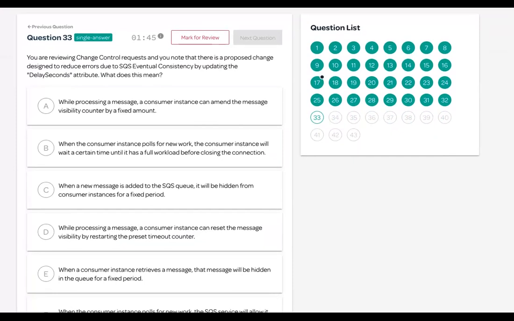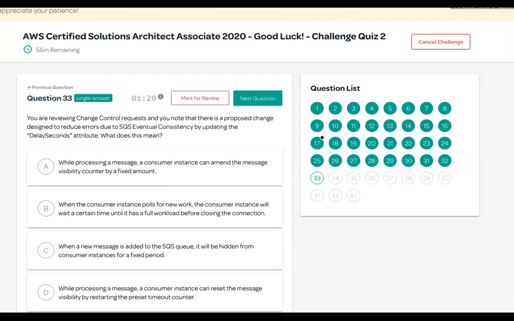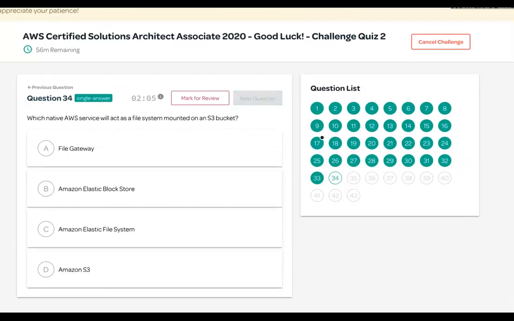Delay seconds is for when you have a message that, as soon as it comes, might need some delay before it can be consumed, so you can configure the delay seconds. So the answer would be: when the consumer instance polls for new work, the SQS service will allow it to wait a certain time for a message to be available before closing the connection. You can pause and read all the other options.